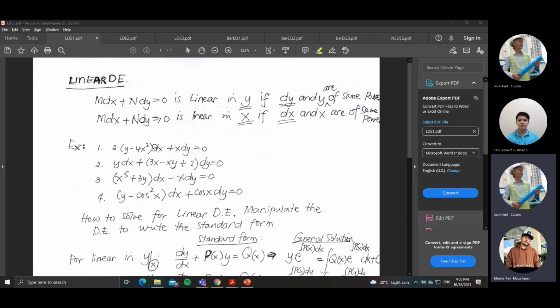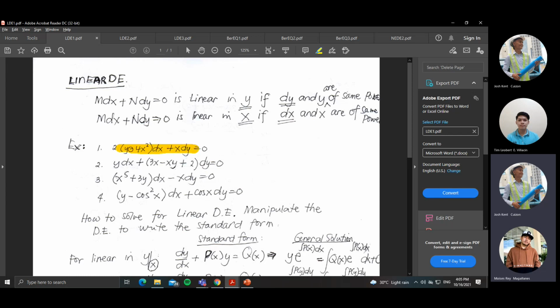So we are going to identify if this is linear in x or linear in y. So as you can see here, ang dx is duha ka terms, ang 2y og ang 8x squared, while ang dy na to is isa lang. So we can conclude that this DE is linear in y.